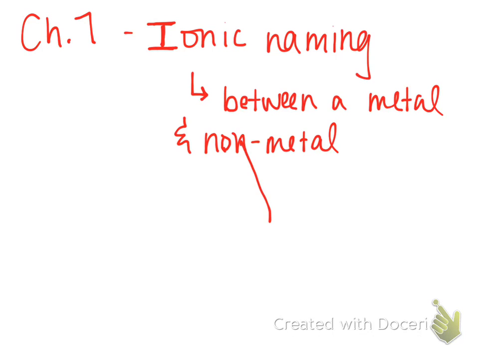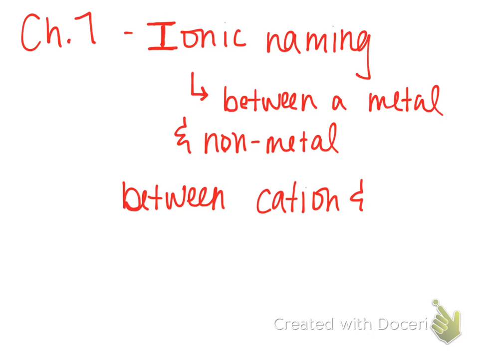Another way to think about an ionic compound is that it's between not only a metal and a nonmetal, but between a cation and an anion. Does anyone remember what a cation is? A positively charged ion, and an anion is a negatively charged ion.